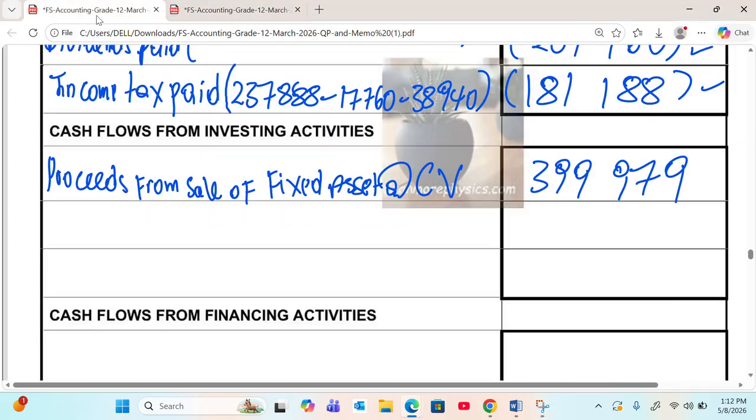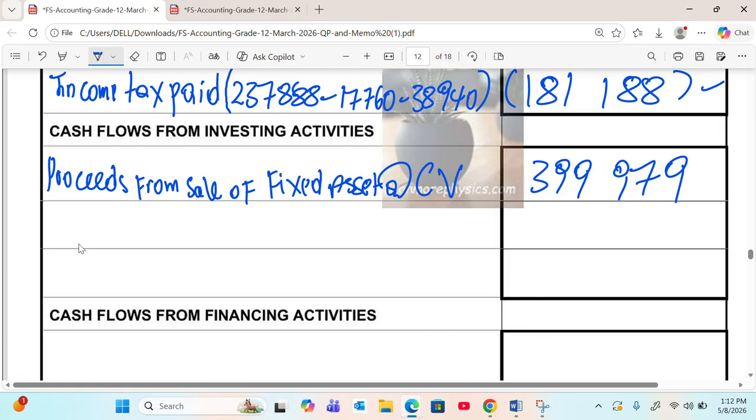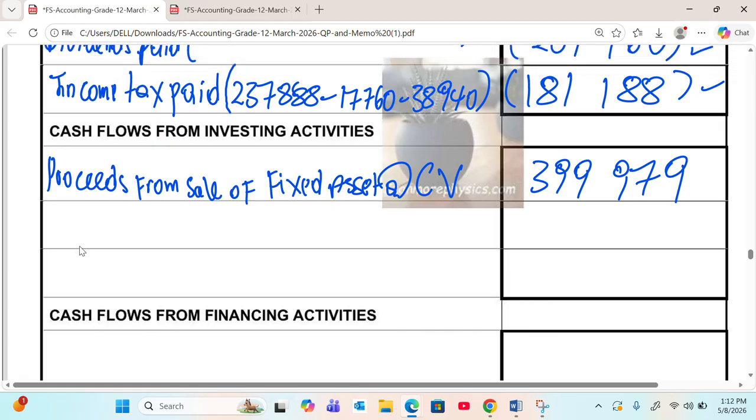Go to the cash flow statement. We have purchased an asset, purchase of fixed asset. So open a bracket.